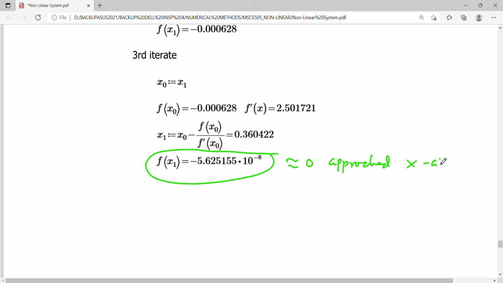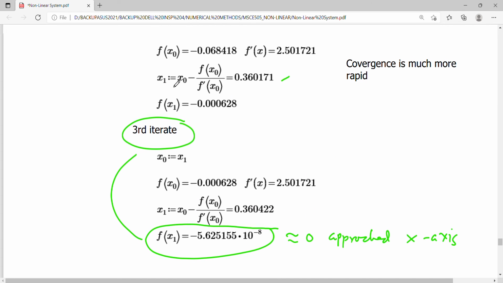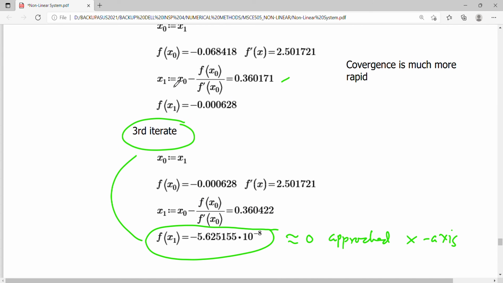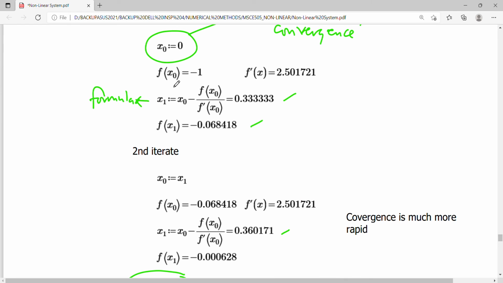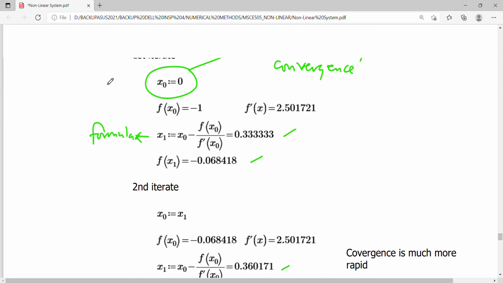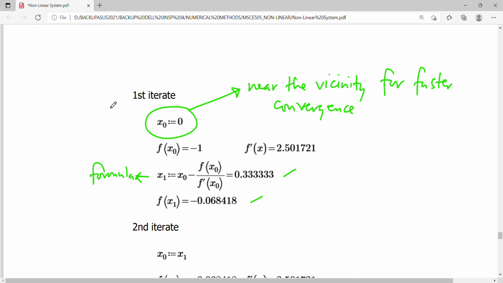Okay, your value of y is almost zero, or simply the function of x is almost zero, only at the third iterate. So that's how Newton's method, or the Newton-Raphson method, fares with the other methods.